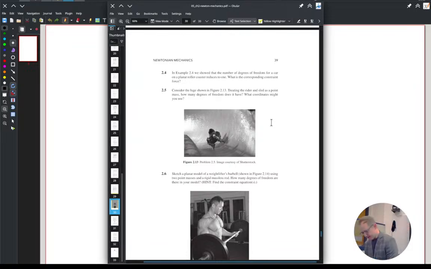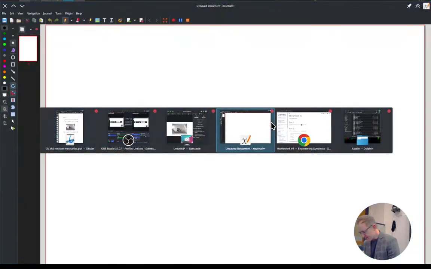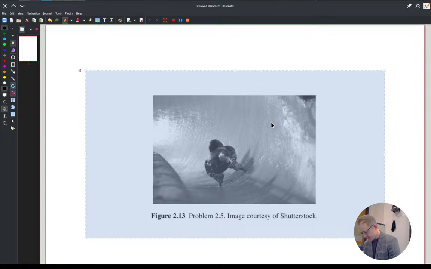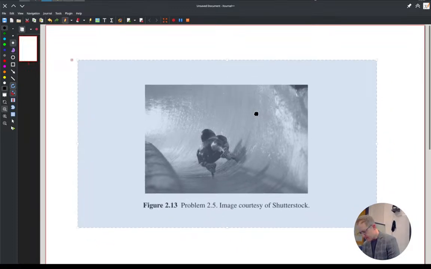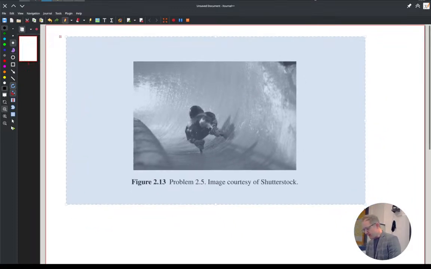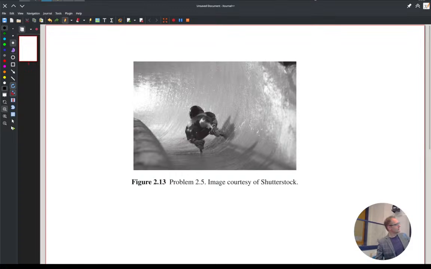So we have this image of someone riding their luge, and the head is at the back of the sled, in a helmet, and the feet are pointing down below, and they're flying down the ice.